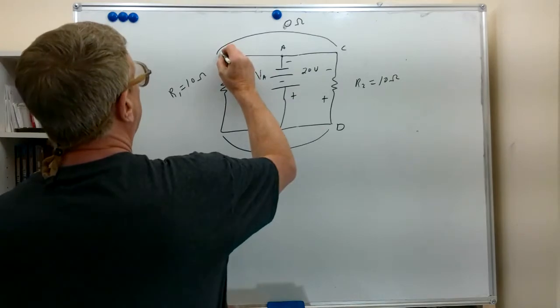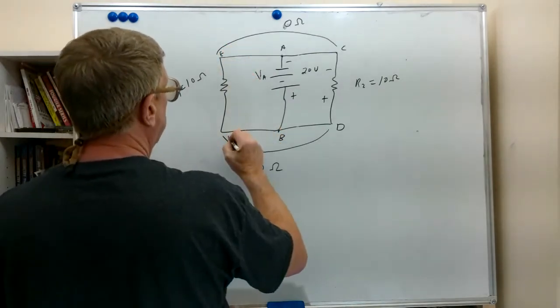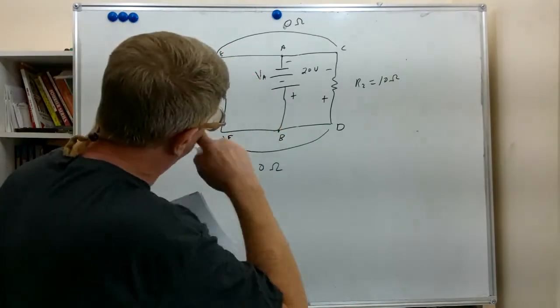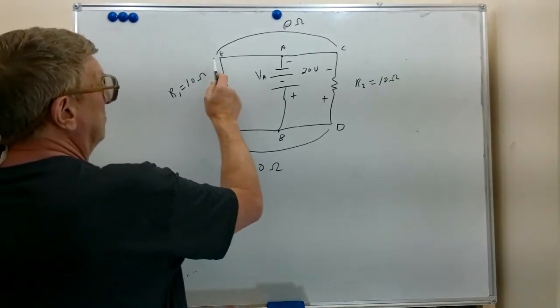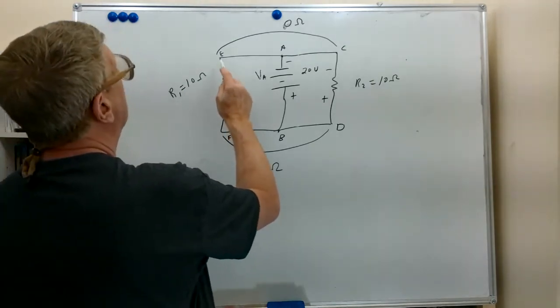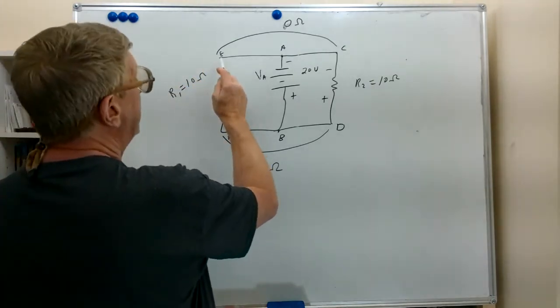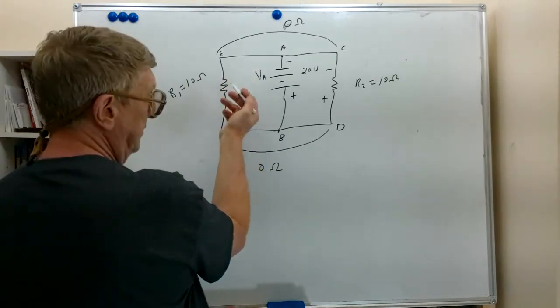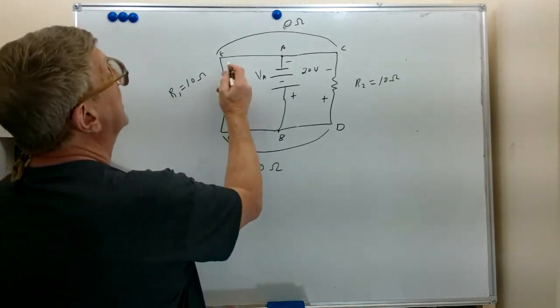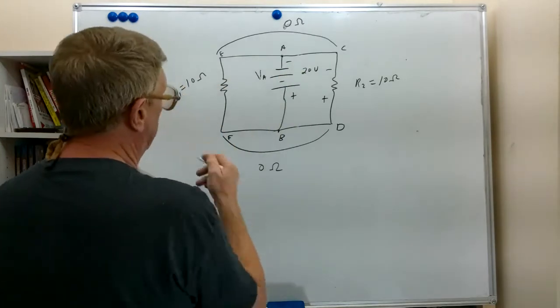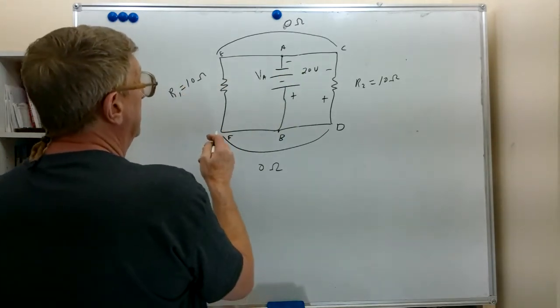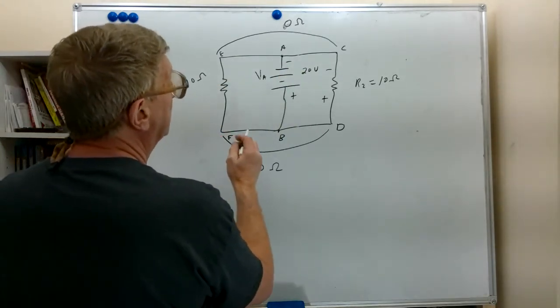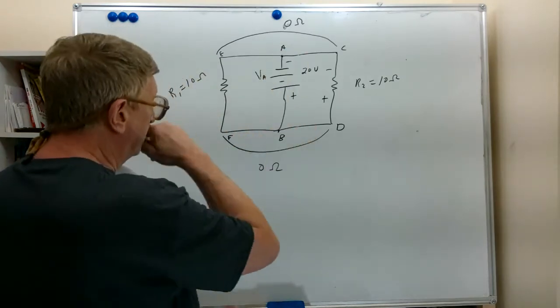We'll label these points here E and F, and we have the same situation. Because of the very, very low resistance of the wire, point E, the top on this drawing of R1, is connected to point A, which is the negative terminal of the battery. And point F is connected directly to point B, which is the positive terminal of the battery.